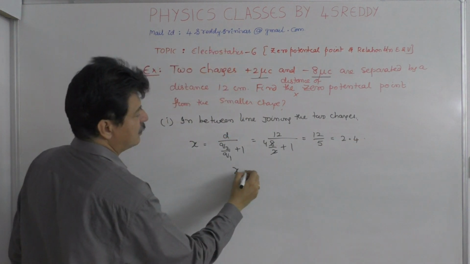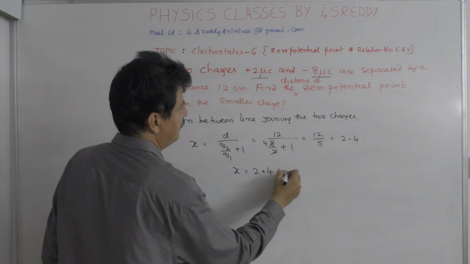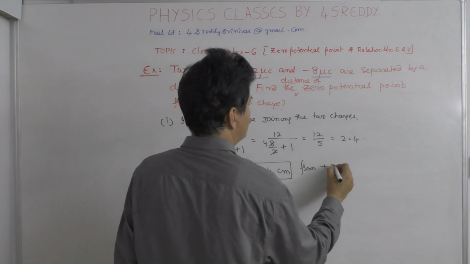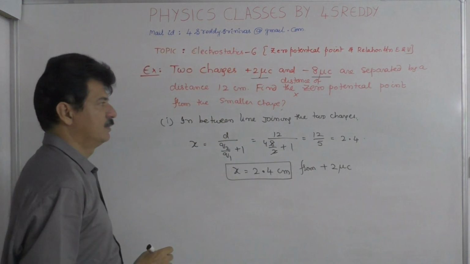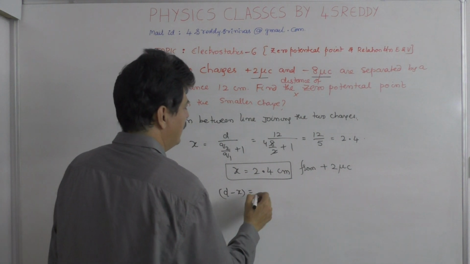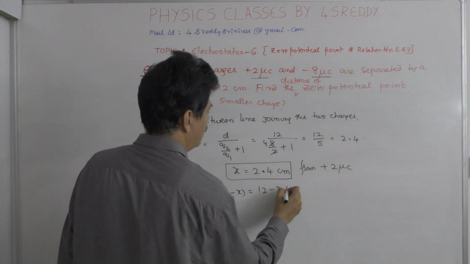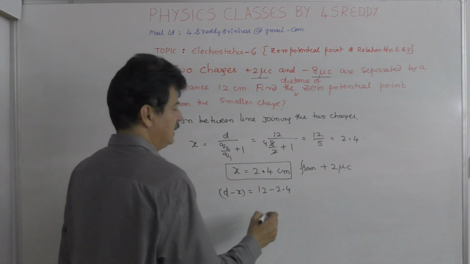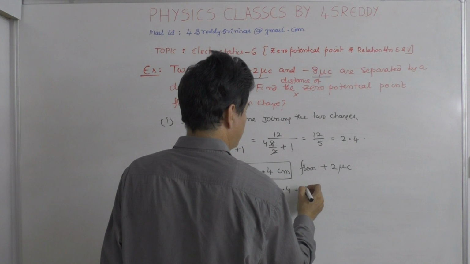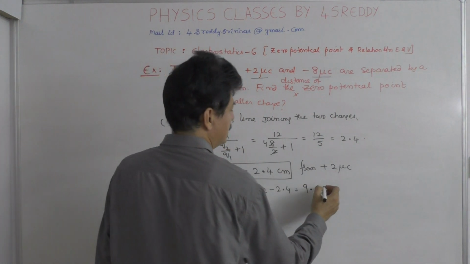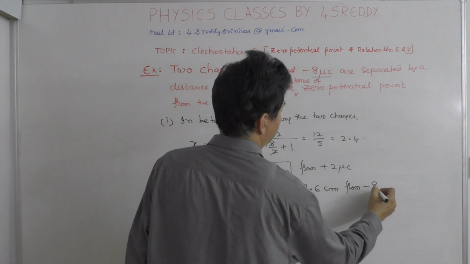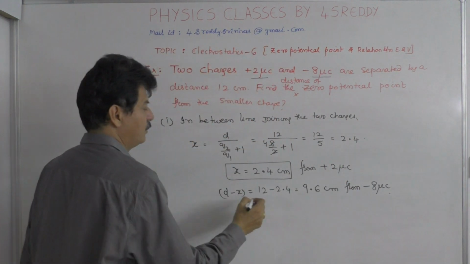Therefore, x is equal to 2.4 centimeters from plus 2 microcoulombs, or d minus x. d minus x means 12 minus 2.4. That is nothing but 9.6 centimeters from minus 8 microcoulombs.